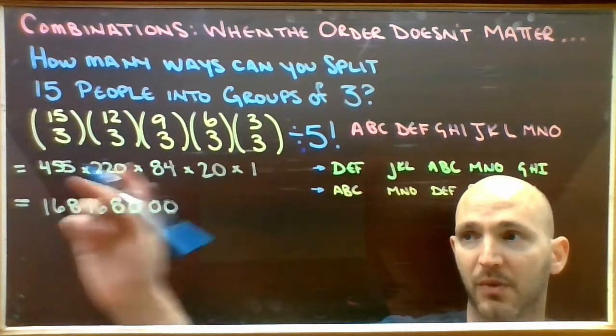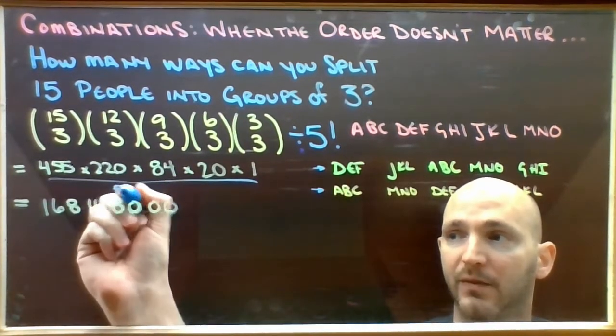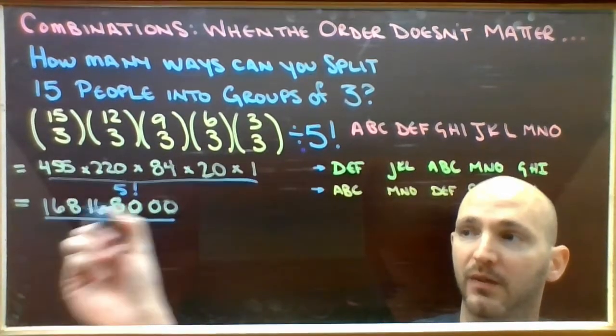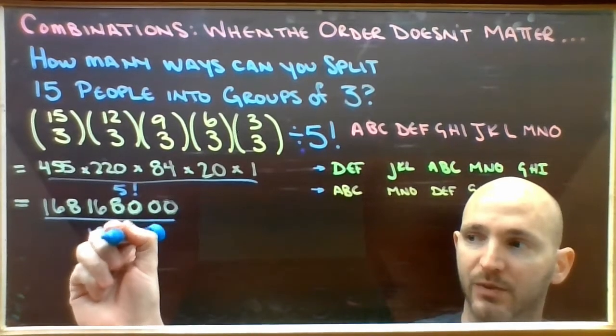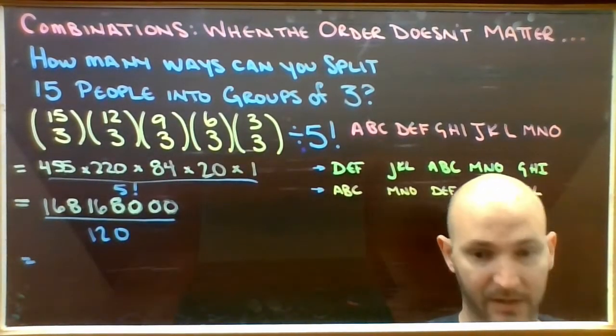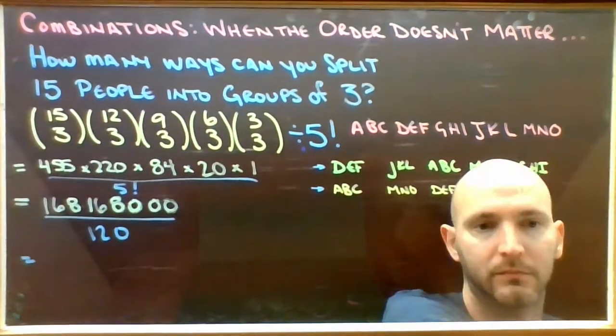So this number here needs to have a divide by 5 factorial in it. And so does this one. 5 factorial is 120. And so if I grab the calculator, which I don't have on hand, so pause for a second.